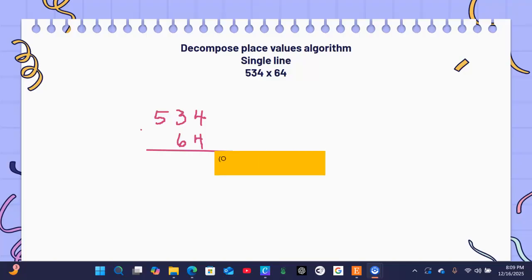So we're going to multiply our ones times our ones. And that would be 4 times 4. And we know that 4 times 4, that equals 16. Then we multiply. This is going to overlap, guys. Then we're going to multiply our ones times our tens.